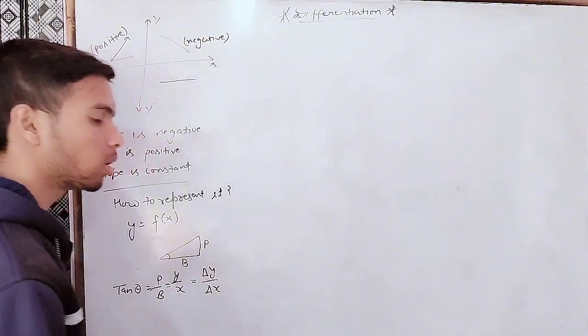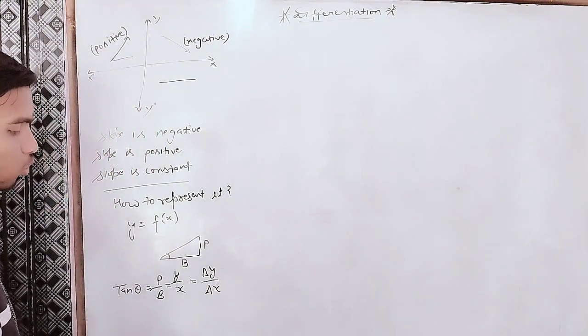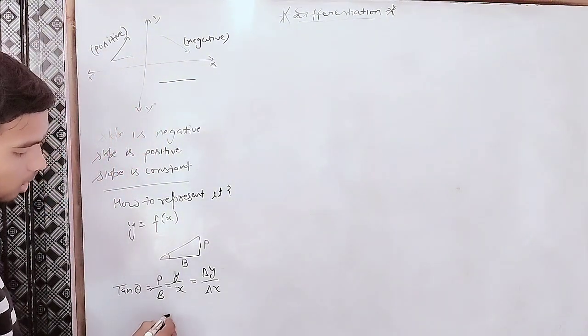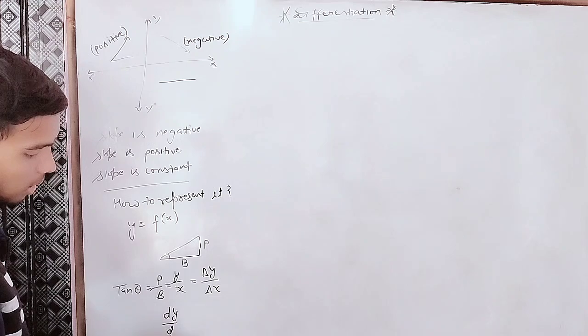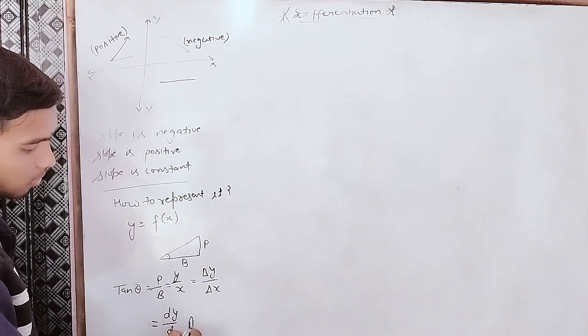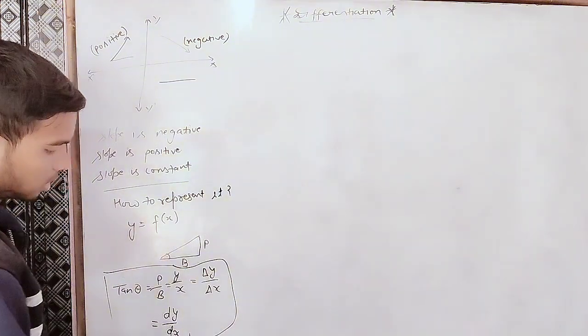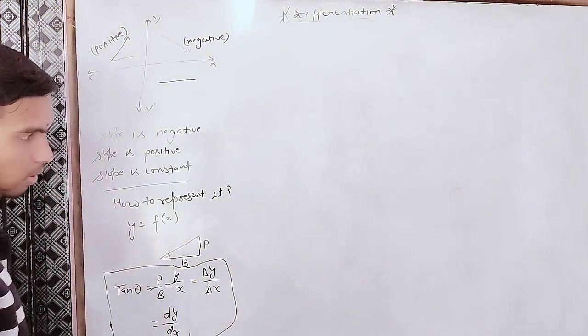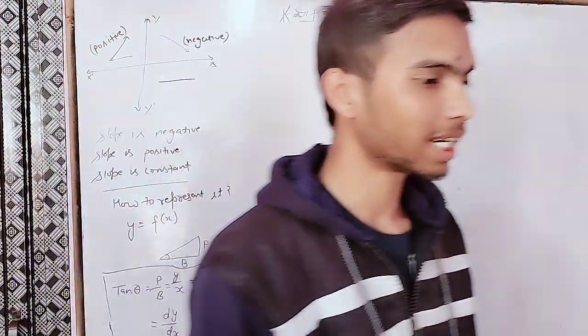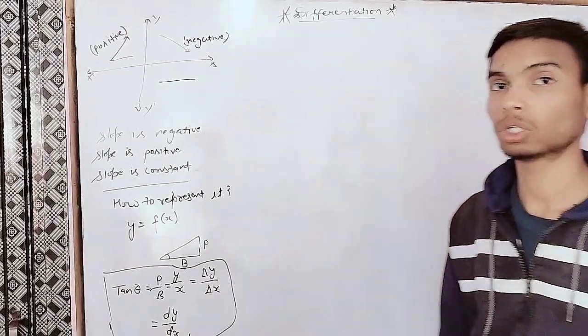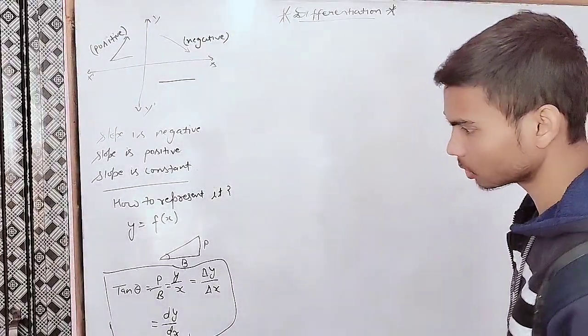For more tiny slope, we can write dy dx. This is the way to write differentiation, it starts when we start to differentiate.